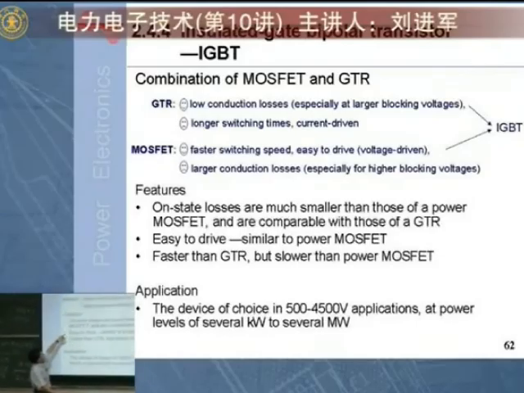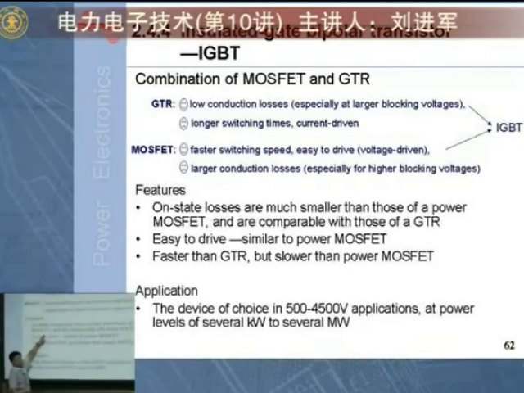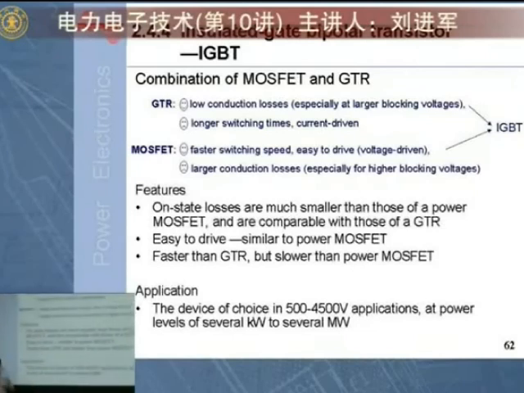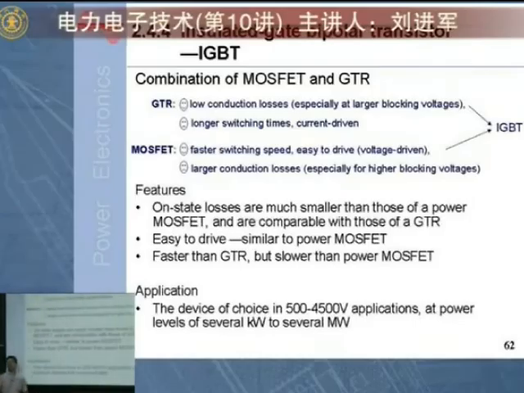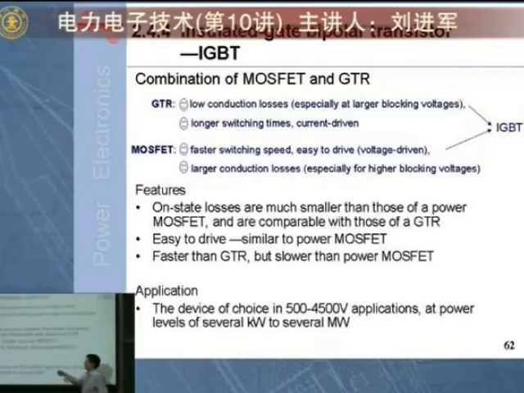IGBT on-state losses are much smaller than MOSFET. Again, you have conductivity modulation for IGBT. But it is easy to drive. If you look at the gate, between gate and source, this is similar to MOSFET. Because its driving is similar to MOSFET, the turning off and turning on is similar to MOSFET.